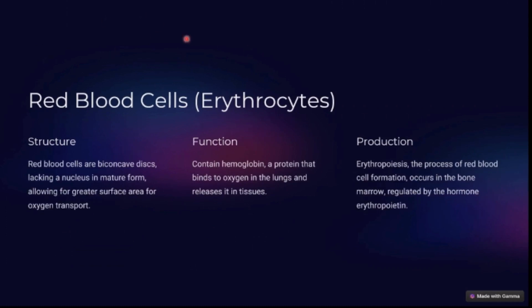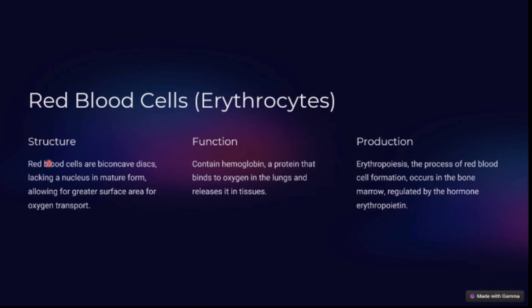So first, red blood cells or erythrocytes. So what are they? Structure wise, they are small disc shaped cells with a biconcave structure. This shape increases the cell's surface area to volume ratio, optimizing the diffusion of gases such as oxygen and carbon dioxide.